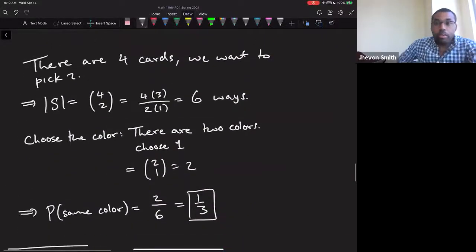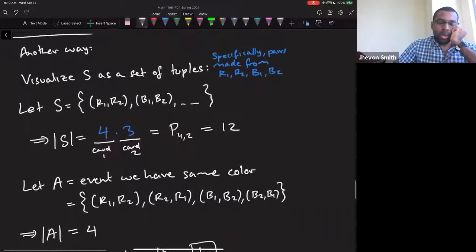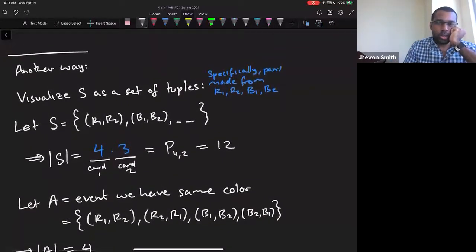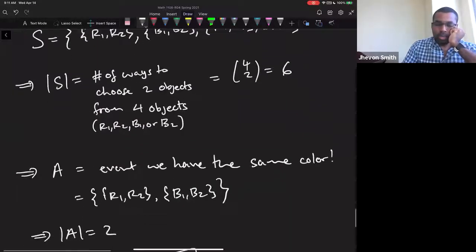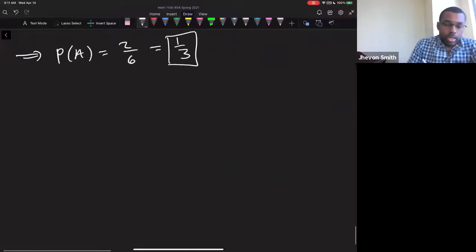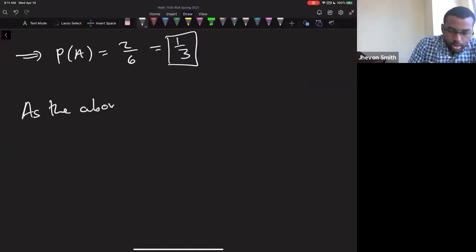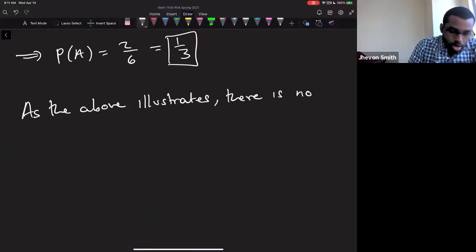So here you're kind of completely going by counting principles and keeping everything in your head and not really visualizing anything, which is fine if you can handle it. But a lot of you might just want to see some sort of visualization. It helps you to think. And these would be two very popular ways to do it. But the one thing I wanted to point out is that, as the above illustrate, there is no unique sample space.